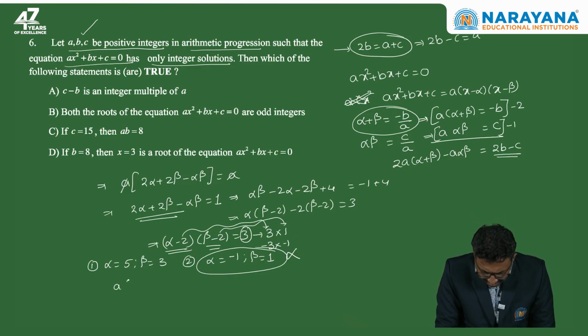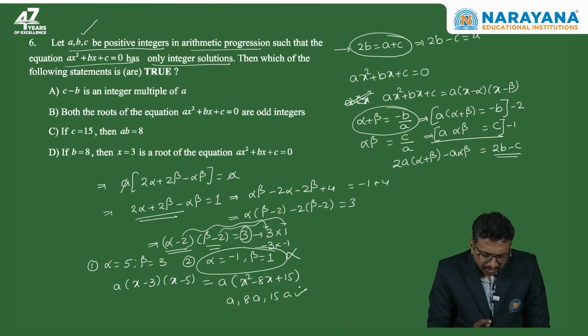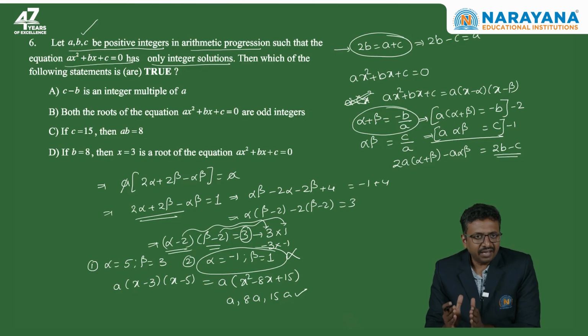So alpha is equal to 5 and beta is equal to 3. So the equation is a times x minus 3 into x minus 5, which is equal to a times x square minus 8x plus 15. So a, b, c should be like a, 8a and 15a.